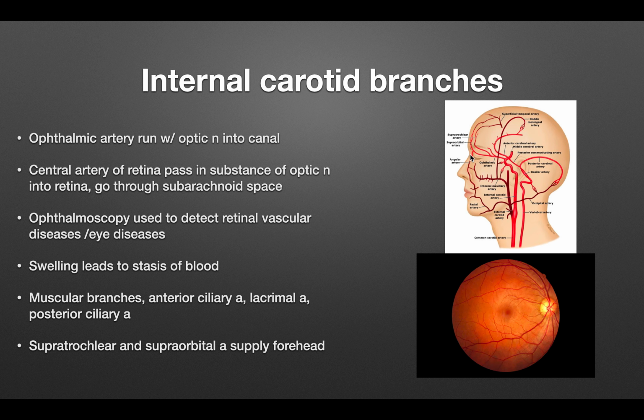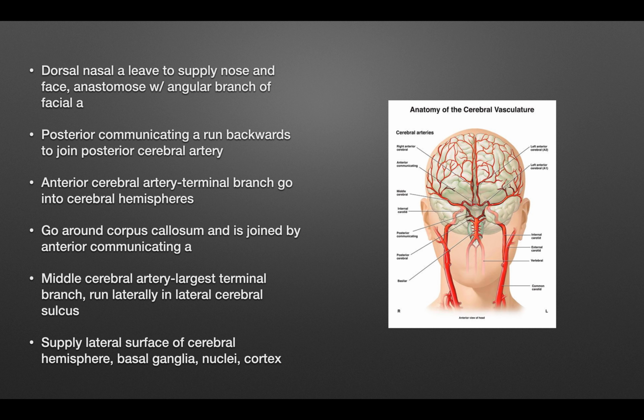Lacrimal, of course, they'll innervate the tear ducts. Posterior ciliary artery will also help contract or relax the pupil. The dorsal nasal will, of course, supply the nose, and those anastomose with the facial branch.